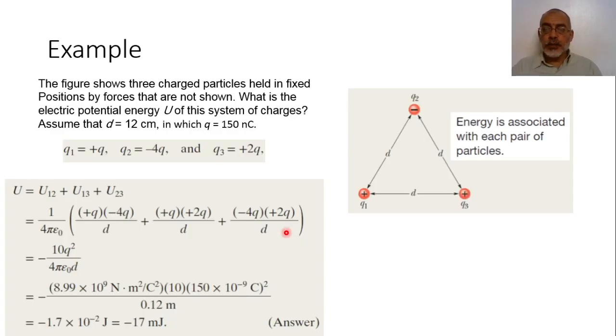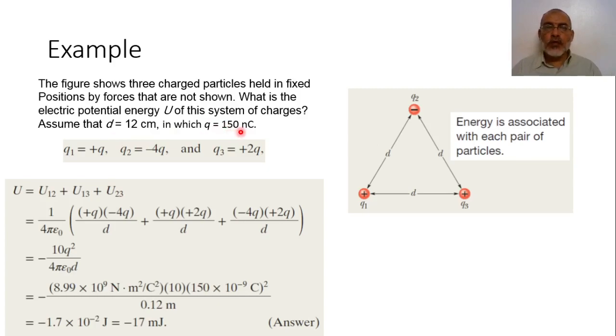As a numerical example, assume that we have 3 charges Q1, Q2, and Q3 separated by equal distance d. Q1 has a positive charge, positive Q, Q2 is negative charge, negative 4Q, and Q3 is positive 2Q, and the value of D is 12 centimeters, and the value of Q is 150 nanocoulomb.